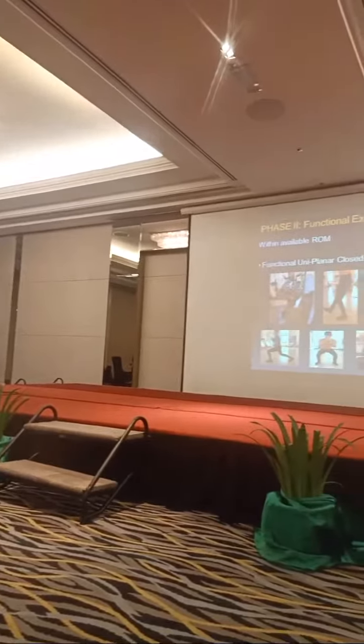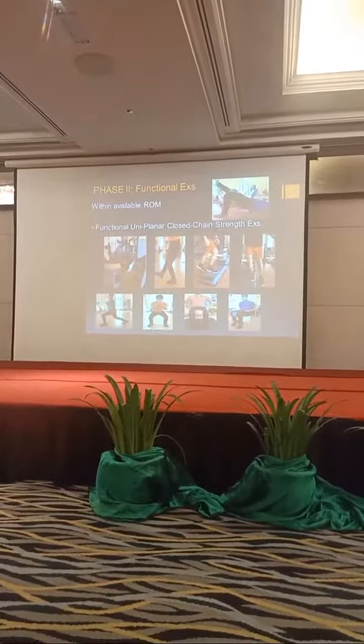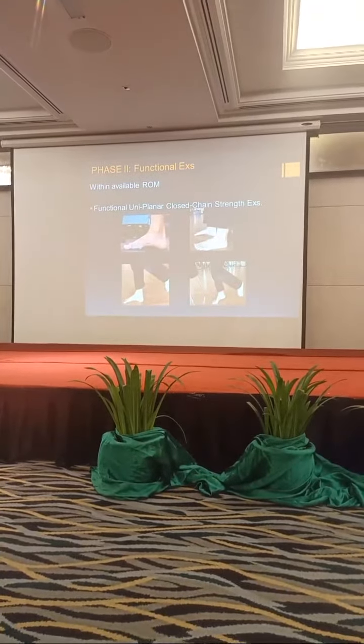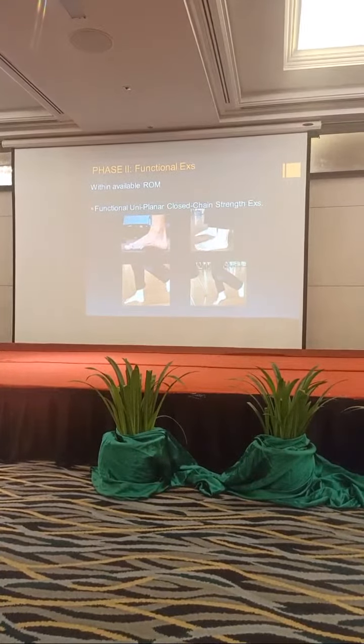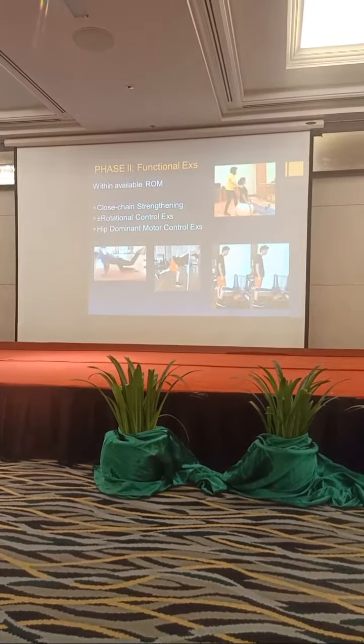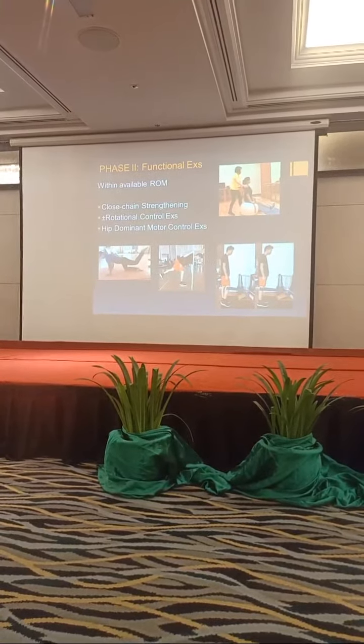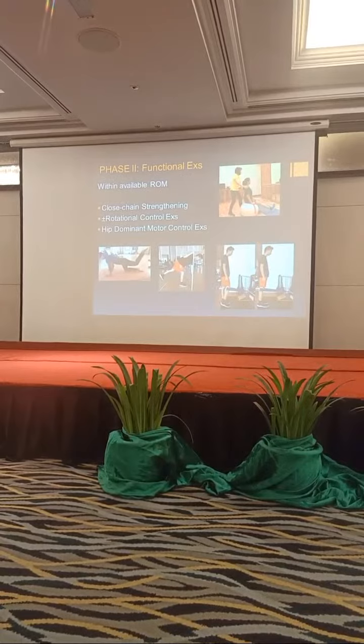So these are some of the exercises that we do in KSMC, as you can see. And of course, it's very important to work on the recessive muscles too. There are closed chain strengthening and hip dominant control exercises. Why is the hip important?